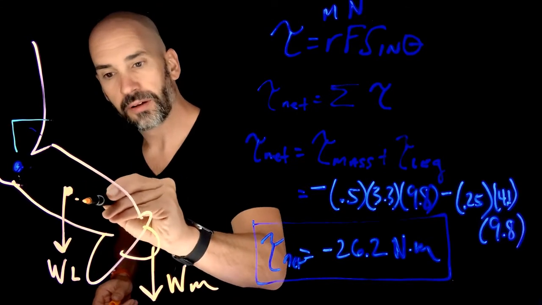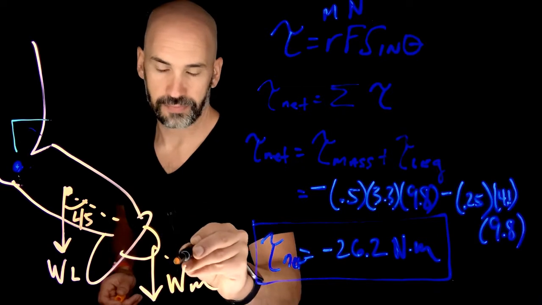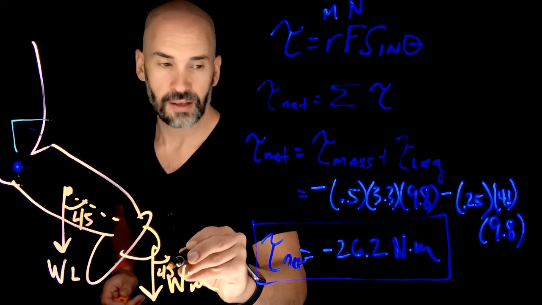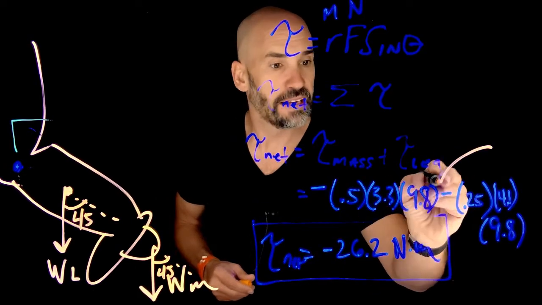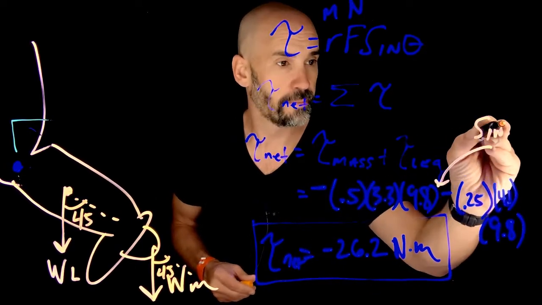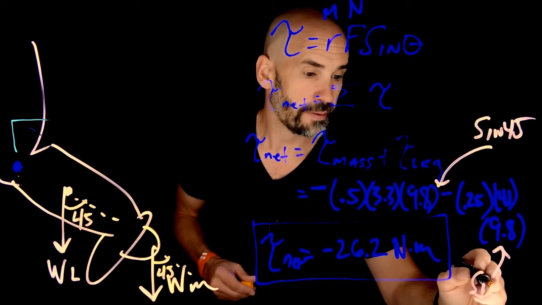Except now the sine is going to be 45 degrees for both of these. So you solve the problem the exact same way, except this guy now gets a sine of 45. This guy here gets a sine of 45.